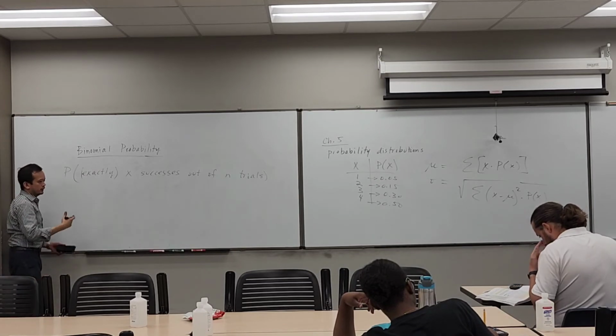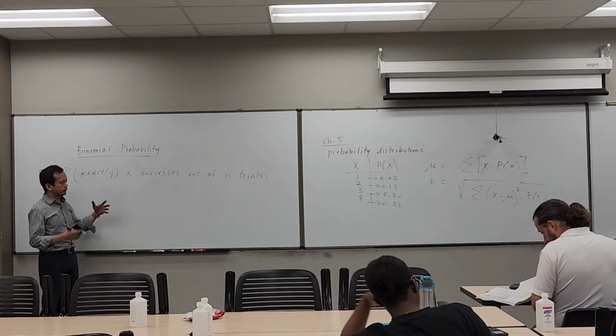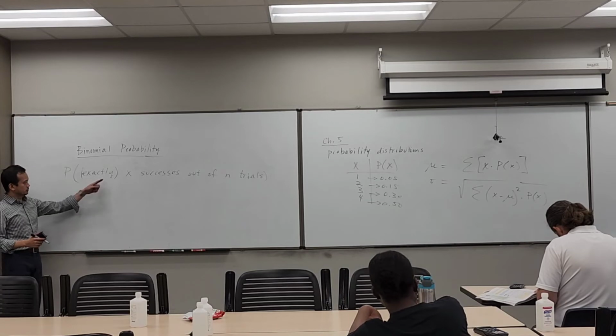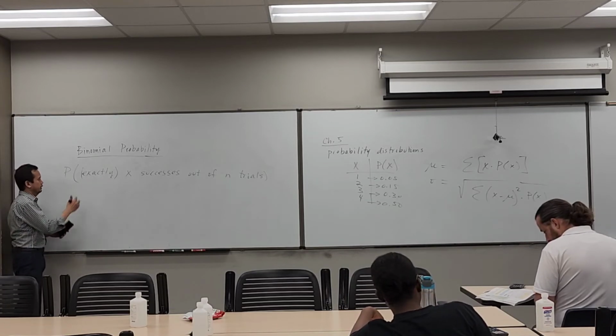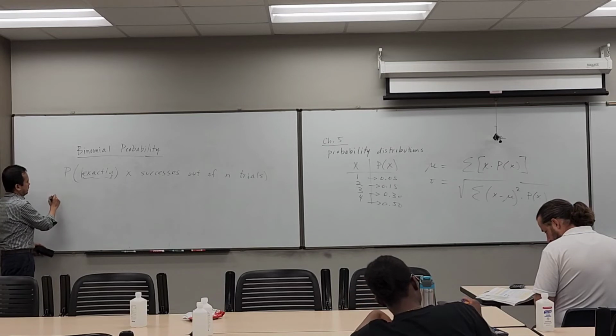Exactly just emphasizes that if you have x successes, you must also have the remaining number of non-successes. Don't look for the word exactly, but exactly is implied here.